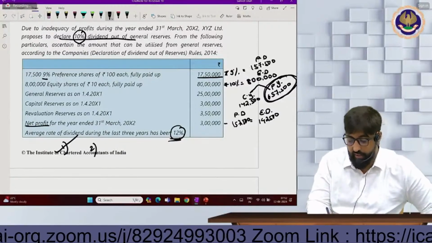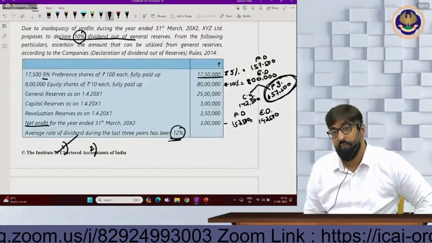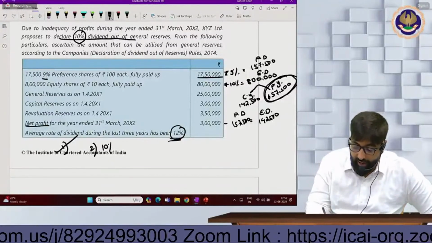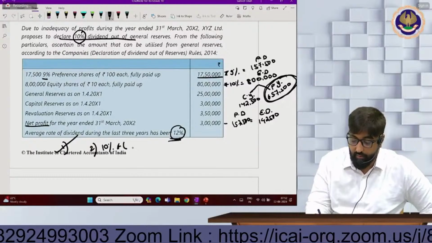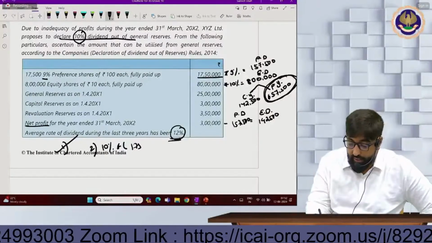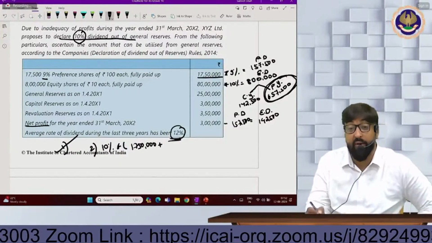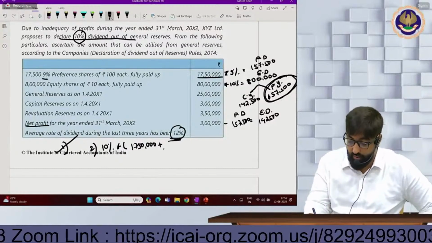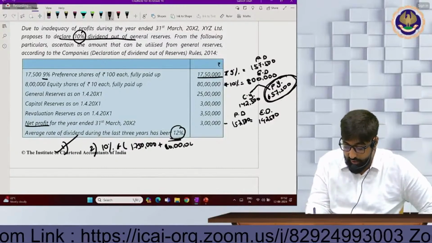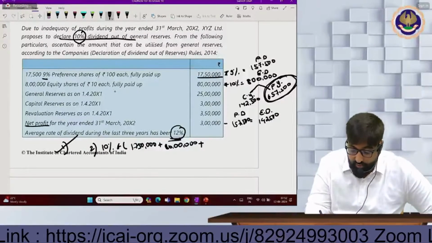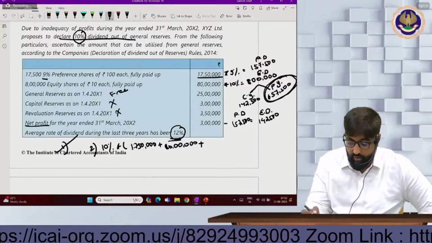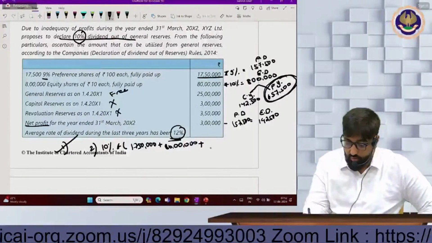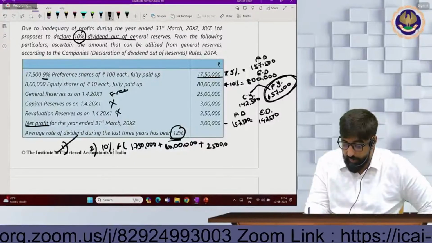What is the second condition? You can calculate the dividend on 17 lakhs. Share capital includes preference share capital also, plus 80 lakhs equity share capital, plus free reserves. Now which are free reserves? General reserve is free, capital reserve is not free. So my free reserve is 25 lakhs only.